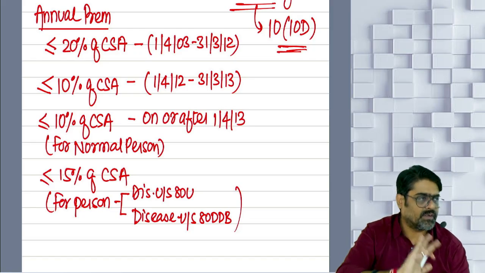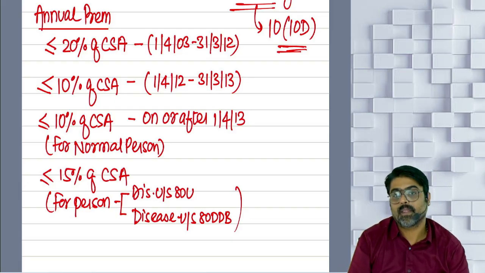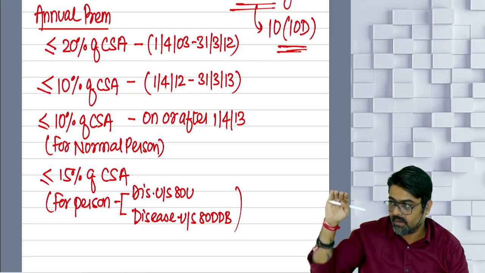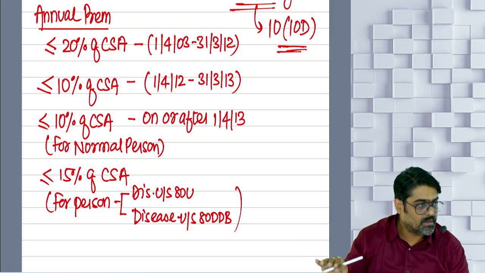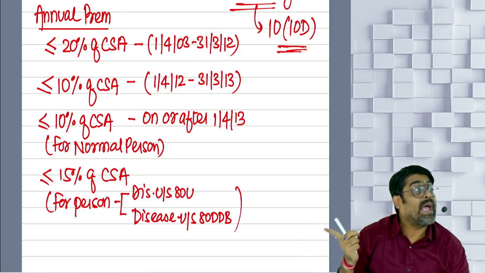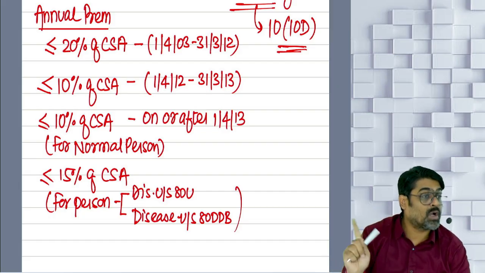For normal persons it is still 10% only. Yes or no? So if the policies are taken in these periods, the yearly premiums of those policies should not be more than the limit given.